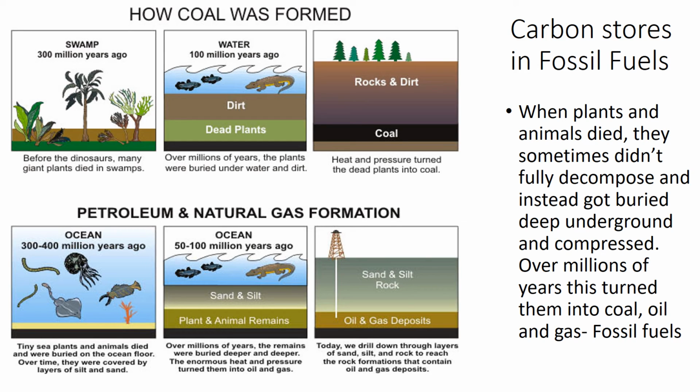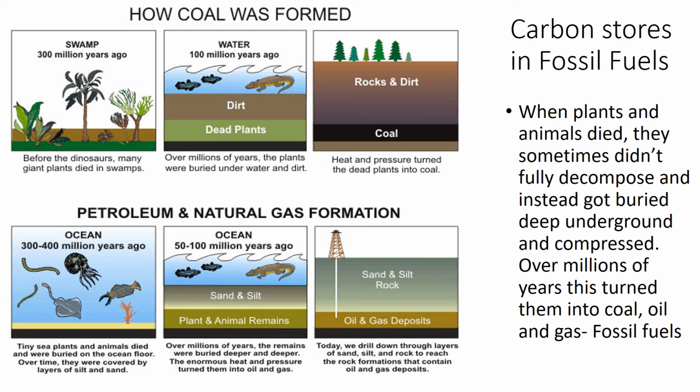Oil and gas tends to have been formed from ocean life, so sea plants and animals which were then buried on the ocean floor, covered by silt and sand, and then again heat and pressure would have turned them into oil and gas. Okay, but whichever method, or whatever they've come from, you've got life which has got carbon in it, dying, being compressed with lots of heat and pressure, and becoming a fossil fuel.